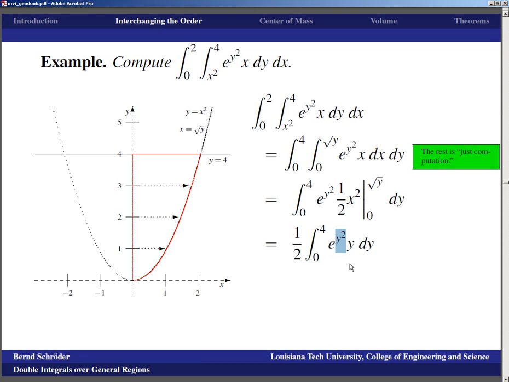That means du dy is 2y, and then after you do all your substitutions, what you ultimately come out with is an antiderivative of 1/2 e to the y squared. Multiplied with 1/2 gives you 1/4 e to the y squared in the bounds 0 and 4, and that's just a quarter e to the 16 minus e, I think. Yeah, or e to the 16 minus 1, because e to the 0th is 1.